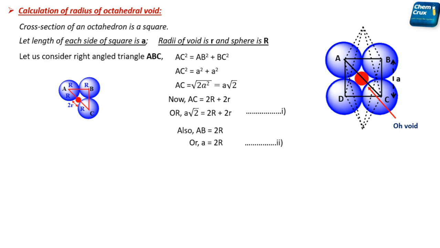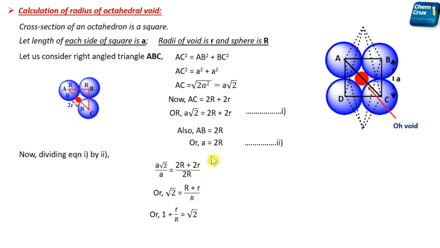Now if we divide equation 1 by equation 2, we will get a root 2 by a is equal to 2R plus 2 small r by 2R. Or we can write root 2 is equal to R plus small r by R. Or we can write 1 plus small r by R is equal to root 2.